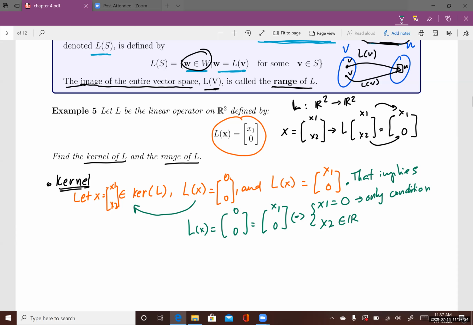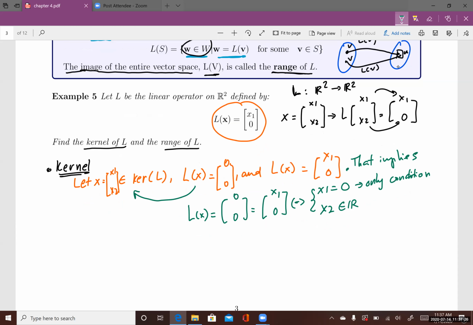So when you generalize this x vector, the condition for x1 is 0, and there's no condition for x2, so x2 can be any value, where x2 is in R. And this is the kernel of L.